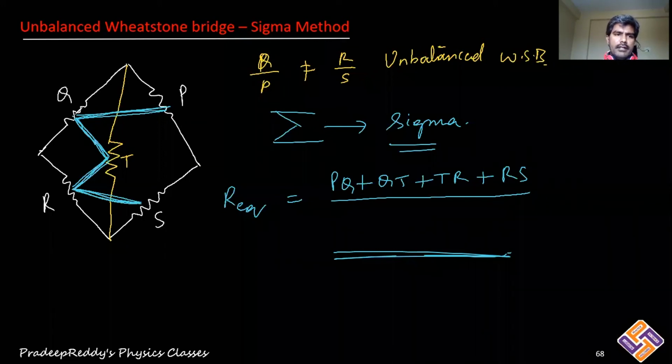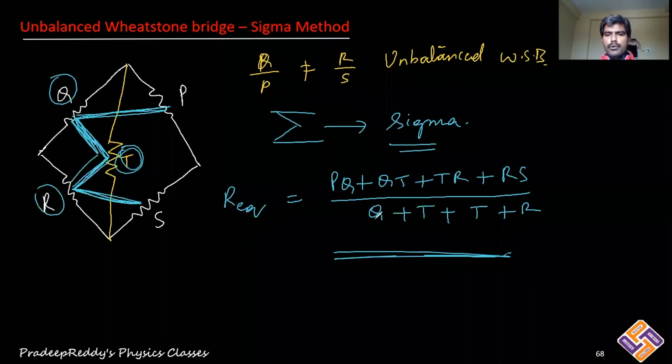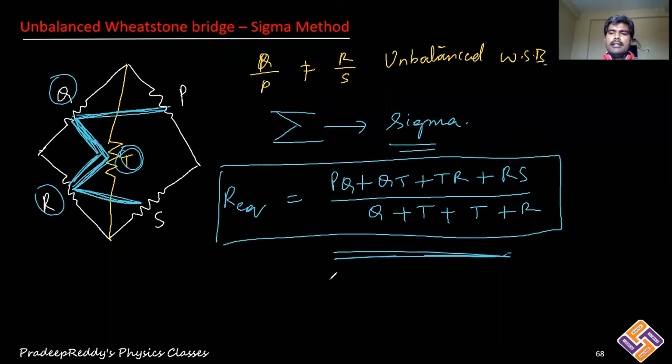In the denominator, start from Q: Q plus T plus T plus R. So that is Q, T, again T and R. So Q plus T plus T plus R. This gives you the equivalent resistance of the circuit, and this is the easiest method to solve an unbalanced Wheatstone bridge.